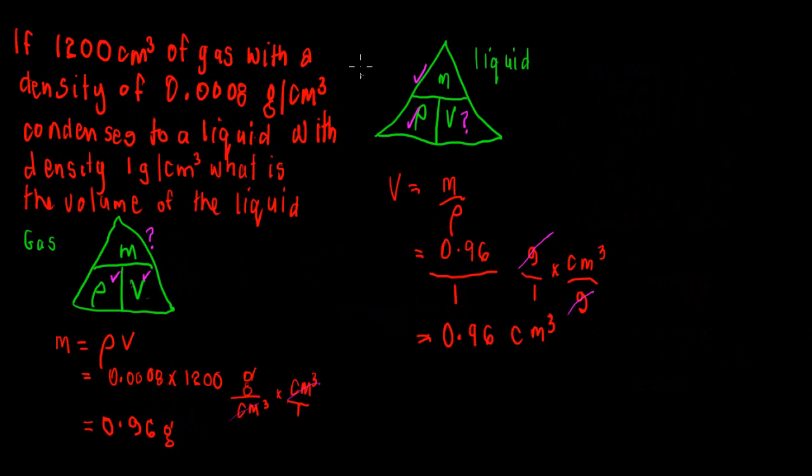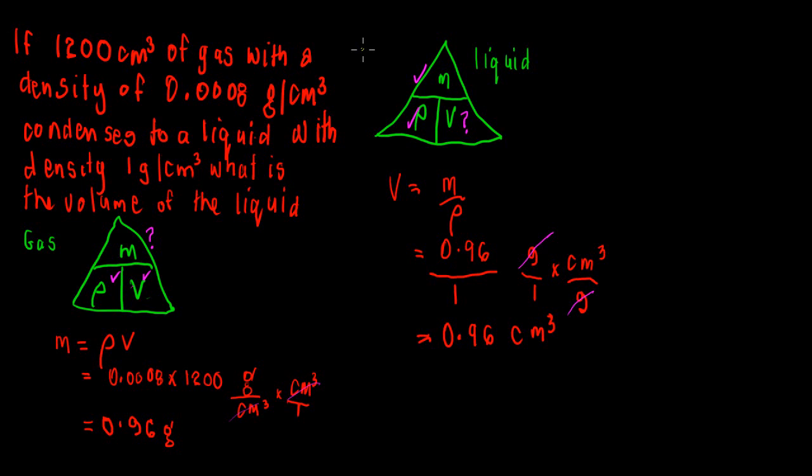And finally, we come to a problem which is probably a bit of a two-step problem. If 1200 cubic centimeters of gas with a density of 0.008 grams per cubic centimeter condenses to a liquid with a density of 1 gram per cubic centimeter, what is the volume of the liquid?